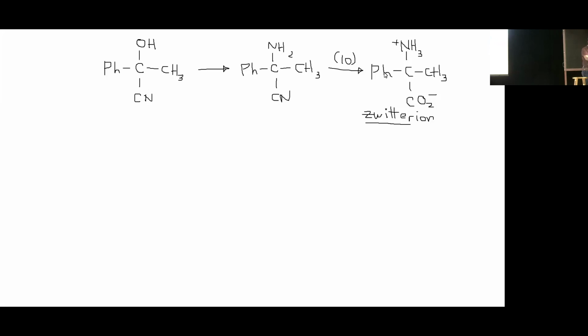If the phenyl group were a hydrogen, then you would have alanine. And you would actually have both D and L alanine. You'd get a racemic mixture, so you'd need to separate them. That's a whole other story, and we'll talk more about that in chapter 17, I think, our chapter on amino acids and polypeptides. But I just wanted to show you this now so that you're ready for that when we get there.